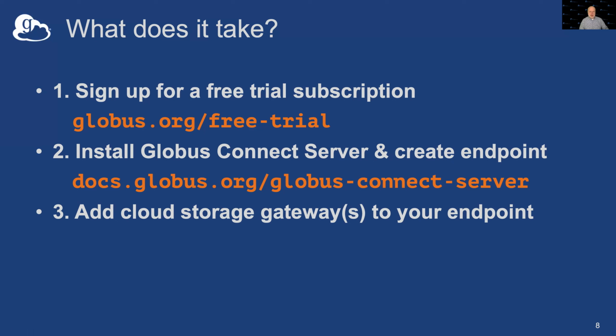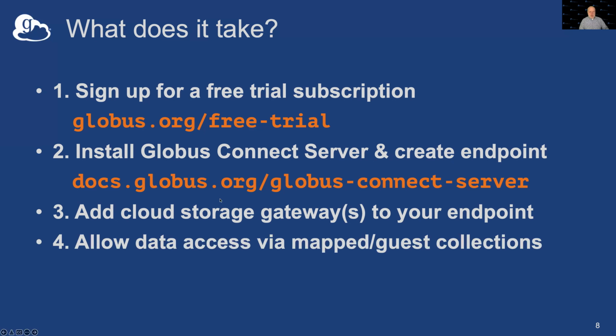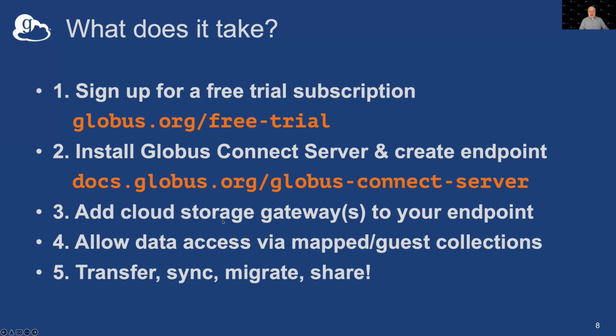I'll talk about that in just a bit here. Once you have that, then you can create the mapped or the guest collections, as we call them. So what I was showing you on the screen just now, those were collections. That's what the end user sees. So steps 1 through 3 are administrative, well, step 1 through 4, I should say. And then at that point, the user has access, and they can point and click and transfer and do their thing.